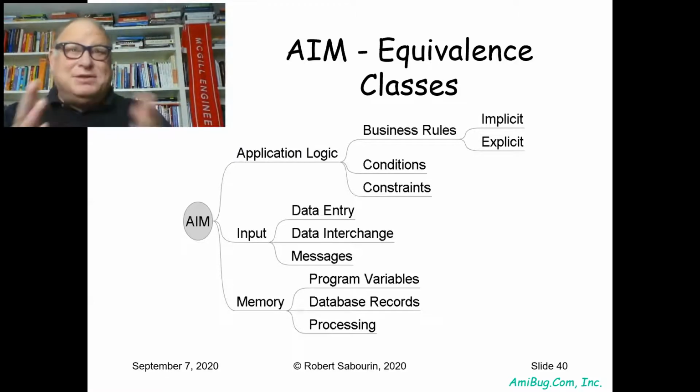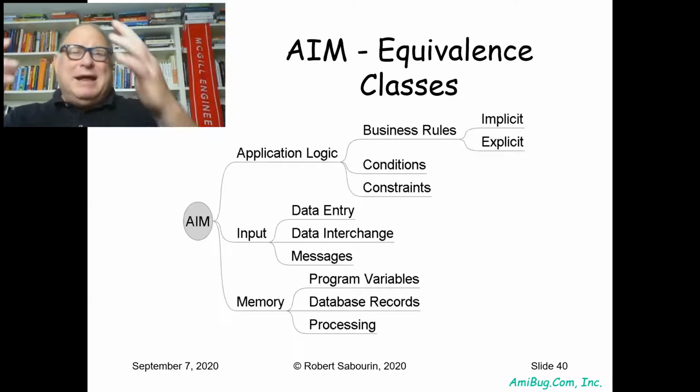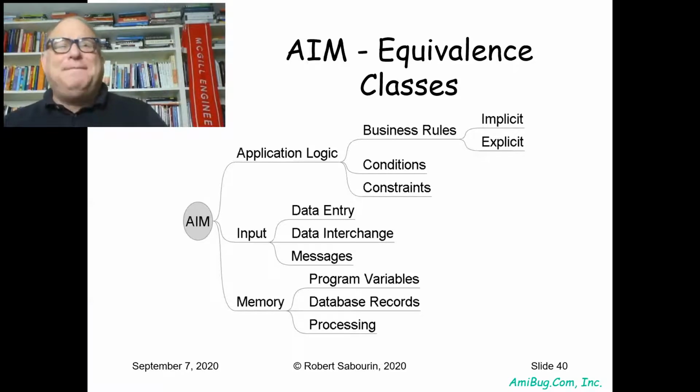That would be business rules. That would be restrictions, constraints, conditions. And the rules that we're looking for, or the application logic that we're studying, could be written down, or it could be implied. I may have to interview a lot of people to learn what they are. So those are what I call A classes, application logic classes.